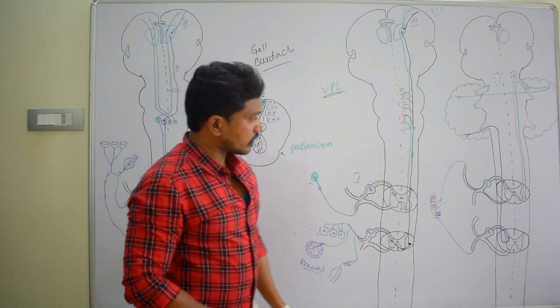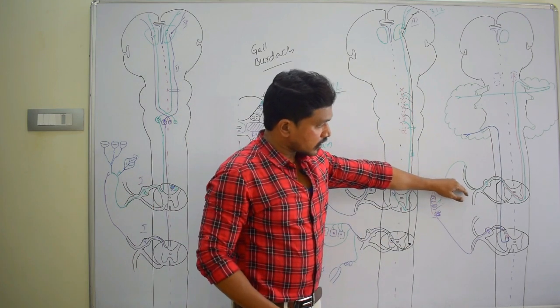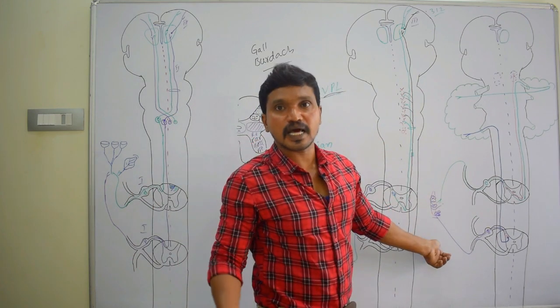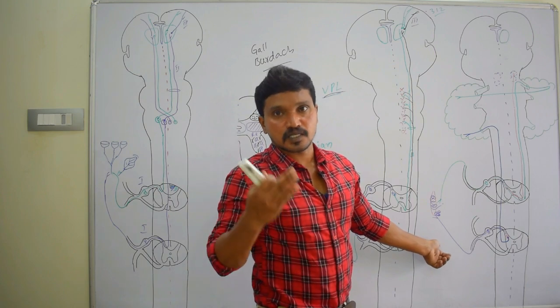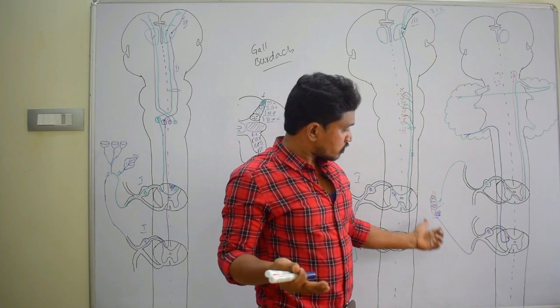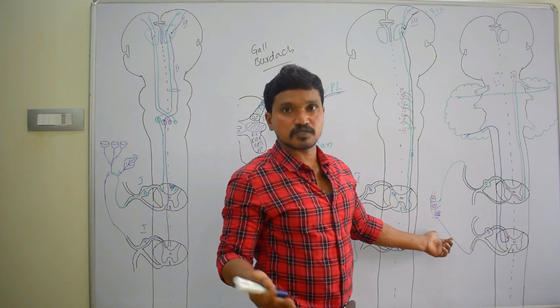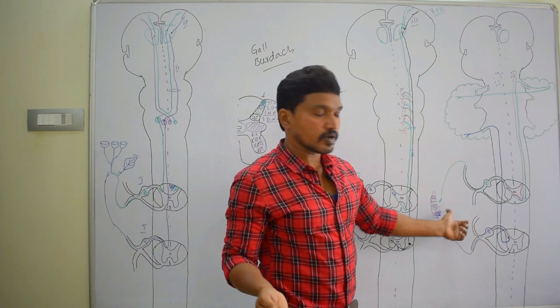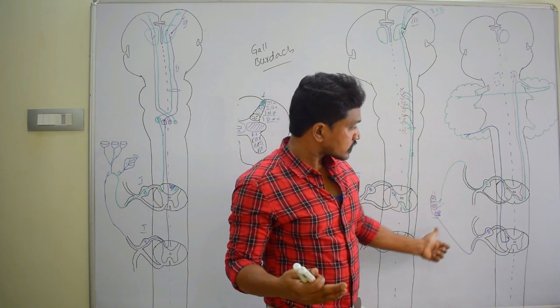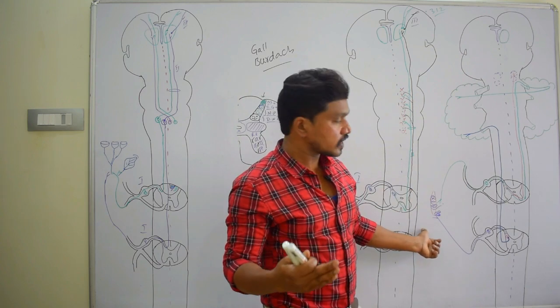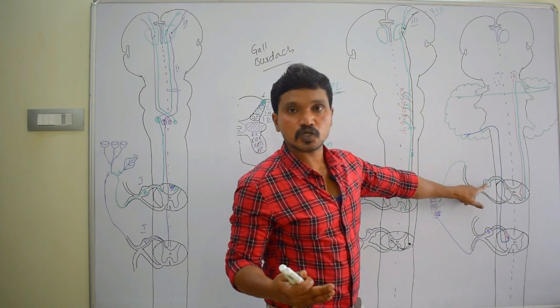Clear? Then the anterior spinocerebellar and posterior spinocerebellar tracts, because they carry unconscious kinesthetic sensation. The receptors are muscle spindles, Golgi tendon apparatus and other receptors present over the joints. When those receptors are stimulated, first order neurons take those impulses and reach the dorsal root ganglion.